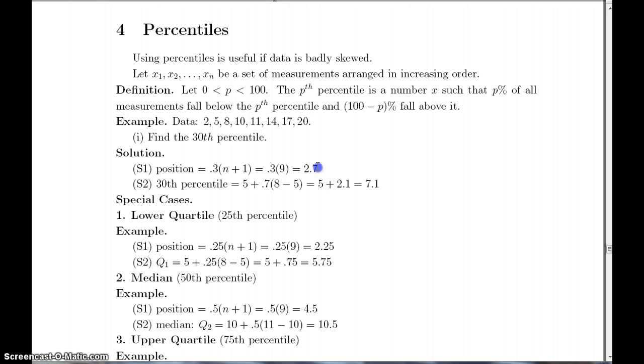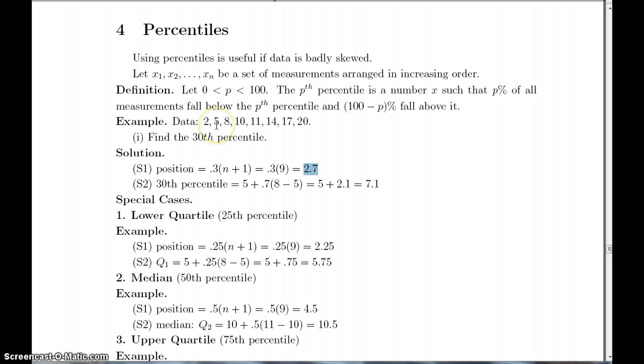What this number tells me is that my percentile is between the second and the third value. So the 30th percentile is somewhere between 5 and 8, but where between 5 and 8? That's the question, and that's where the decimal part tells me it's 70% of the distance between the second and the third.